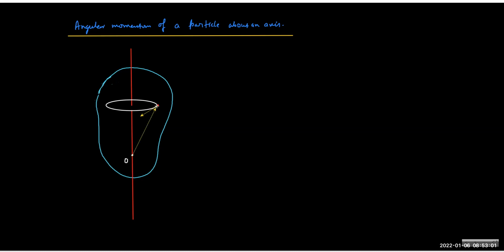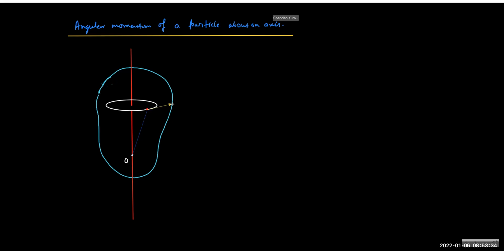Let me put the point here, and the particle is here, and its velocity vector is something like this.